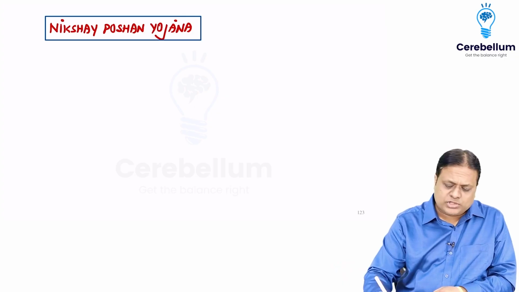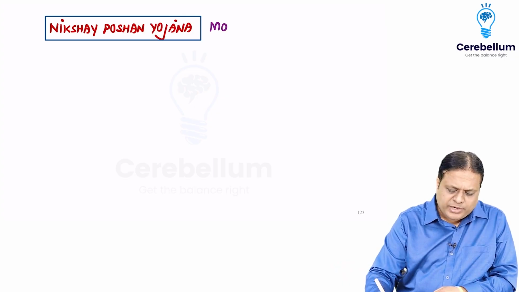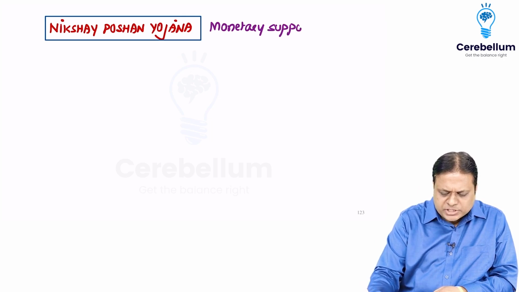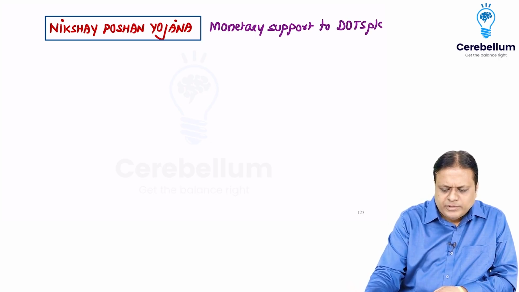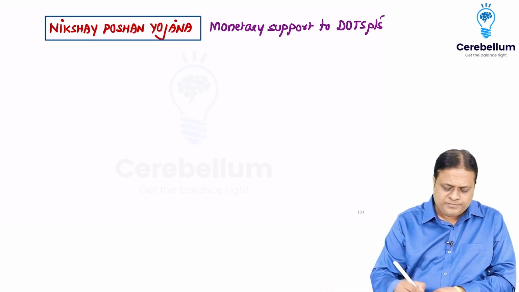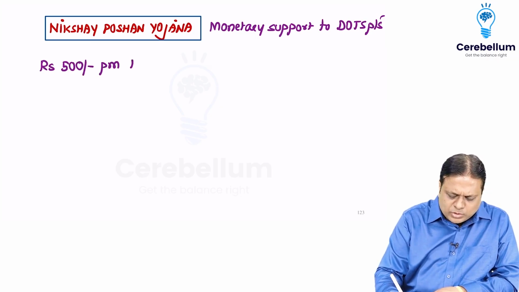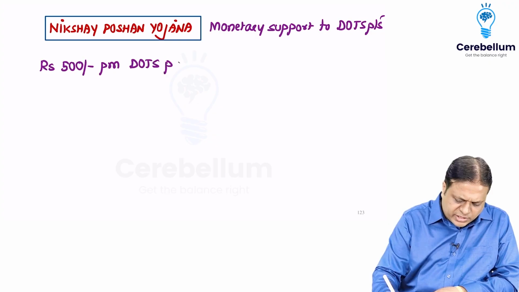NPY, Nikshay Poshan Yojana, is monetary support to DOTS patients in the country in the form of nutritional support. This is given as rupees 500 per month to DOTS patients in the country.